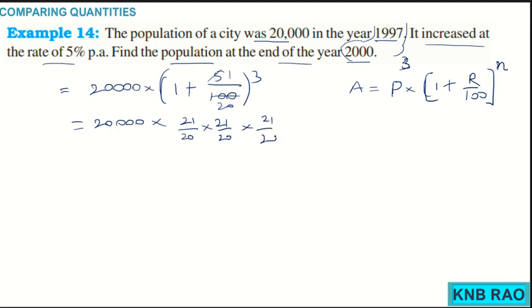So on simplification, these zeros cancel, 3 zeros and 3 zeros, and left over we will have 10 into 21 multiplied by itself 3 times upon 4, where we have 9,261 upon 4 into 10.